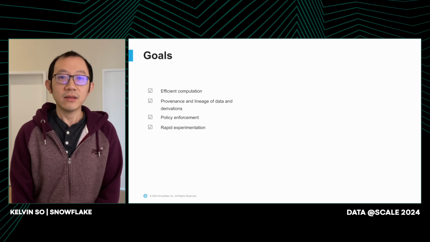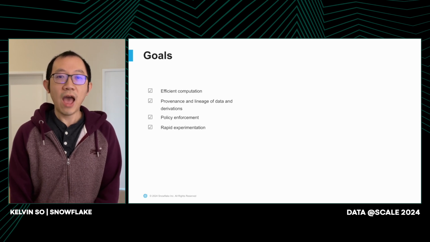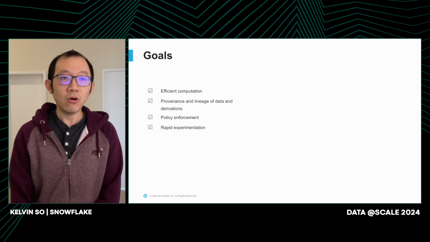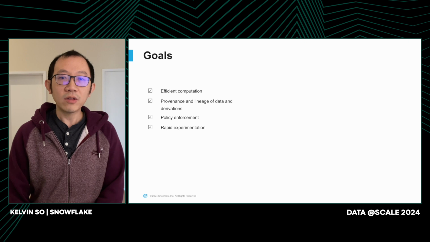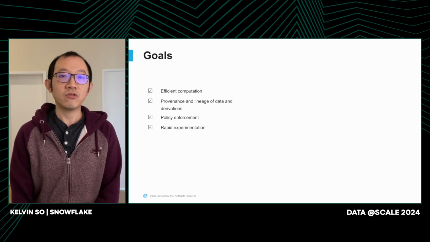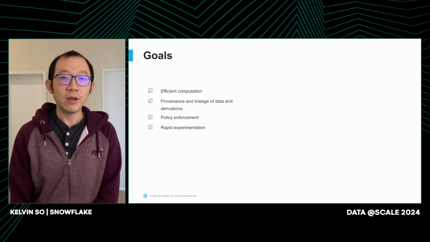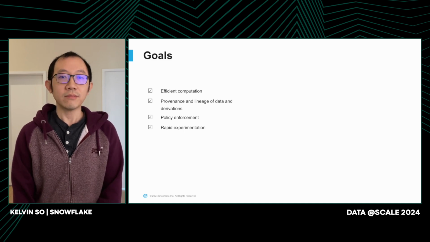So with that, we have seen that we have built a data processing system for Arctic LM within Snowflake. Rather than having to worry about efficient compute, data provenance, data lineage, as well as enabling policy enforcement on your data, we were able to build all this within Snowflake and leverage Streamlit integration for rapid experimentation with different means of improving the data quality.